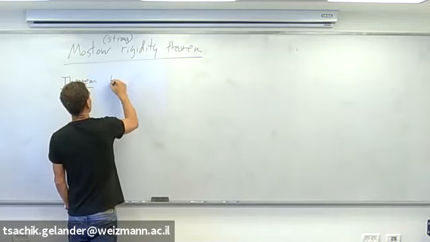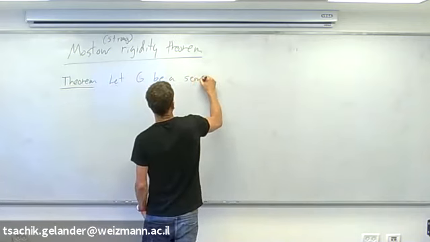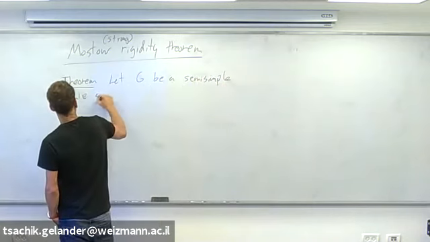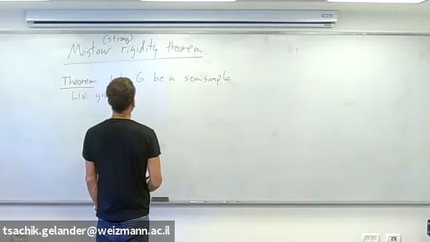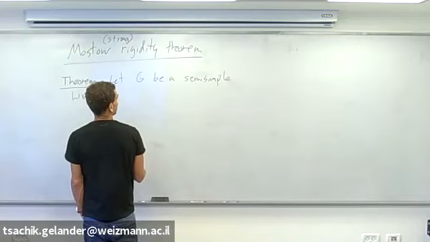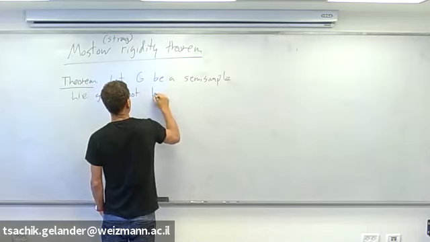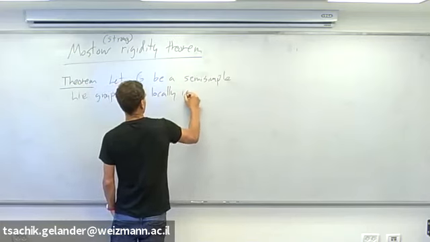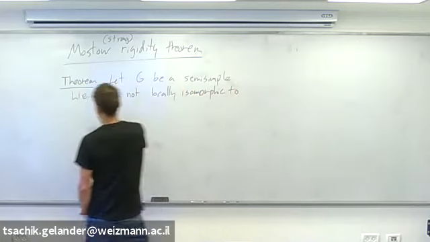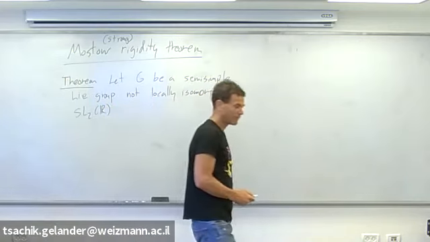Let G be a semisimple Lie group, again not locally isomorphic to SL2(R), but you allow SL2(C).